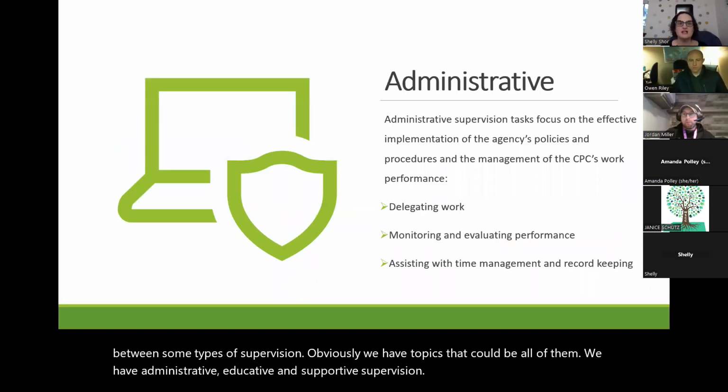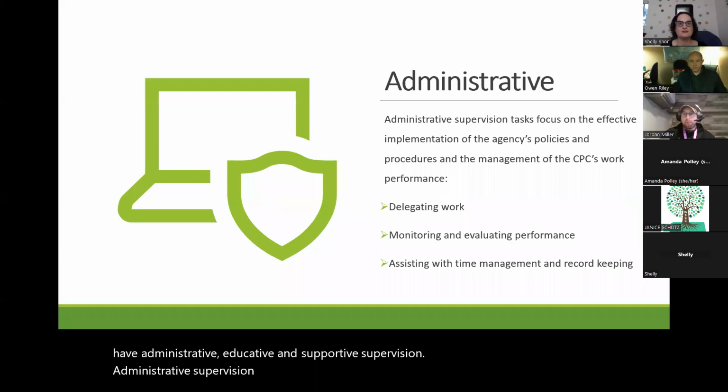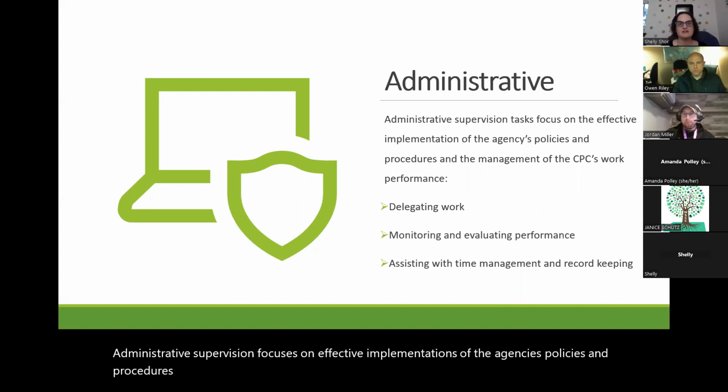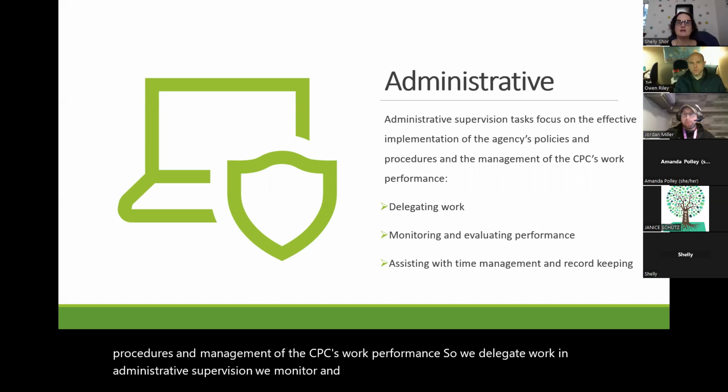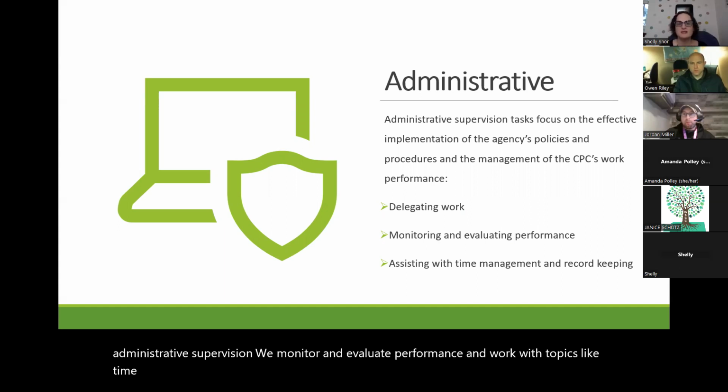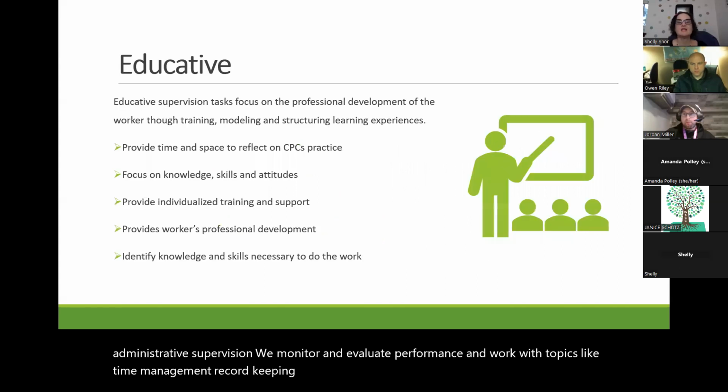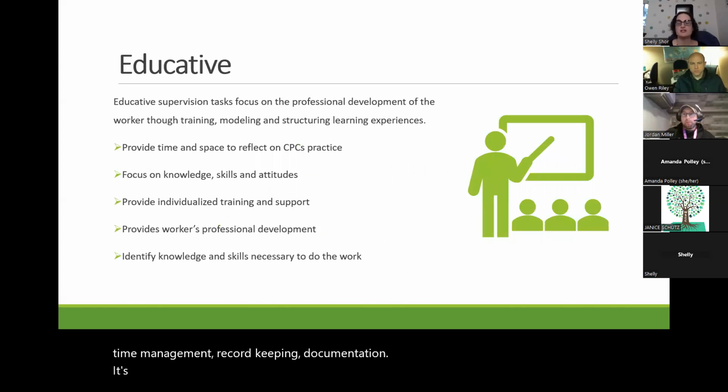Administrative supervision focuses on effective implementations of the agency's policies and procedures and management of the CPC's work performance. So we delegate work in administrative supervision, we monitor and evaluate performance, and work with topics like time management, record keeping, documentation. It's very important to have an administrative section for supervision.